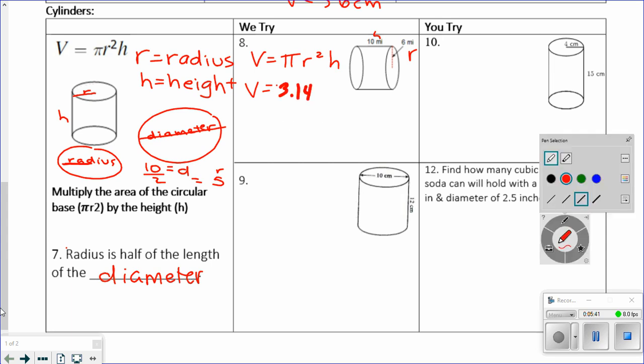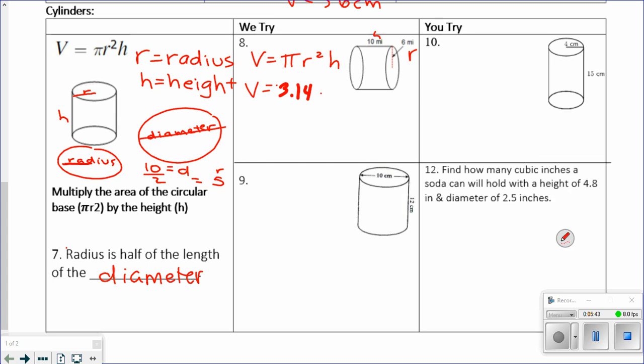Okay, and then we've got times the radius squared, so times 6 squared times the height, which is 10. Okay? I would not recommend putting all of this in your calculator. We should simplify first. So simplify that 6 squared. 6 squared is 36 times 10.